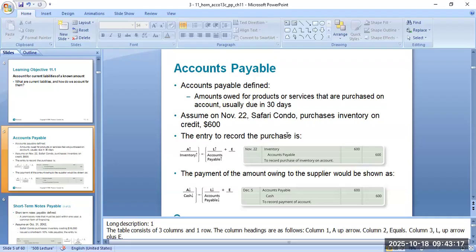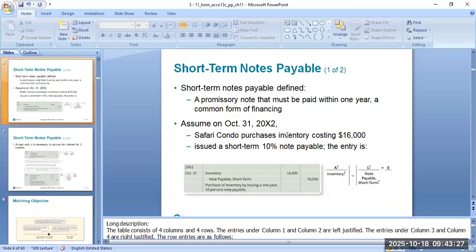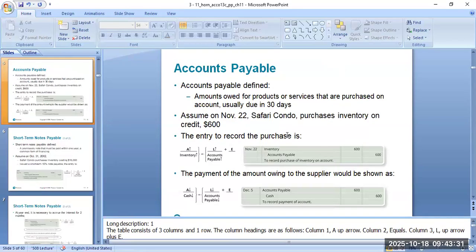I hope you don't have a problem with crediting cash when purchasing something on account and later paying for it. That will be for the purchasing of inventory or any office supplies or anything related to the normal operating cycle of the company.